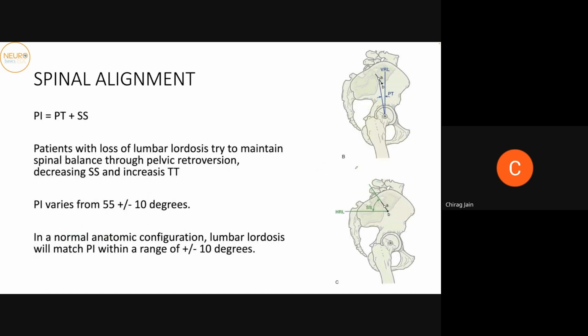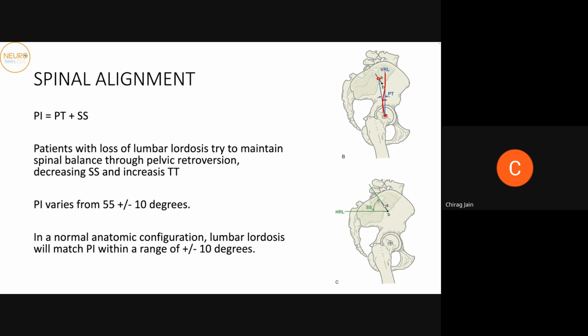There are two other parameters, that is the pelvic tilt and the sacral slope. The pelvic tilt is basically the angle between the line we've already drawn, that is between point A and the femoral head, and the vertical reference line, which is just a sagittal line. That angle is known as the pelvic tilt.